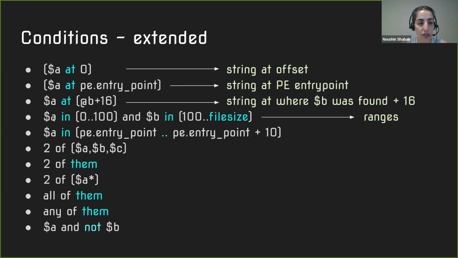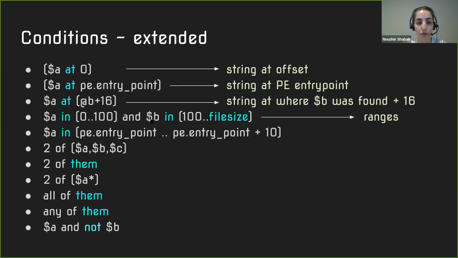This one, string A in 0 to 100. This is a range of offsets. So the string A, we want to be somewhere from offset 0 to offset 100. And then we want the string B to be in the offset 100 up until the end of the file, which is shown by filesize.